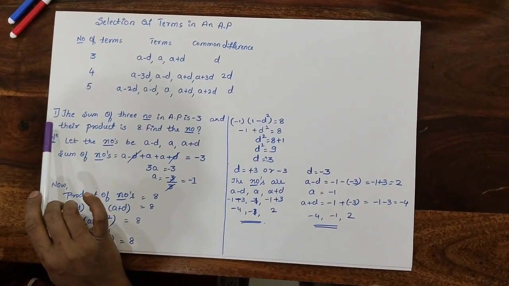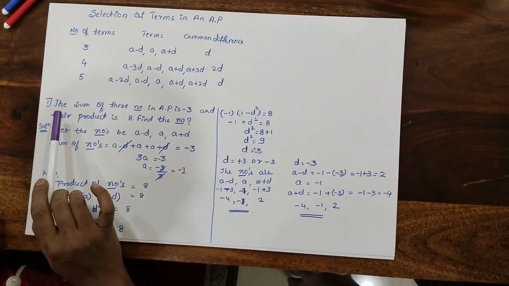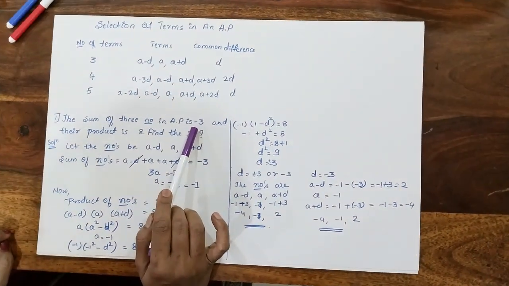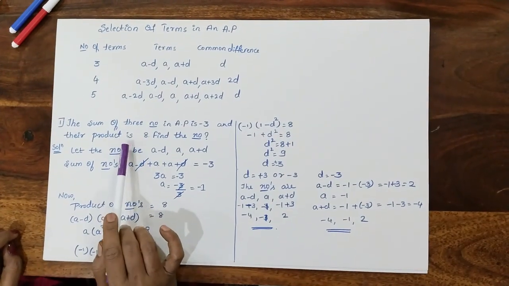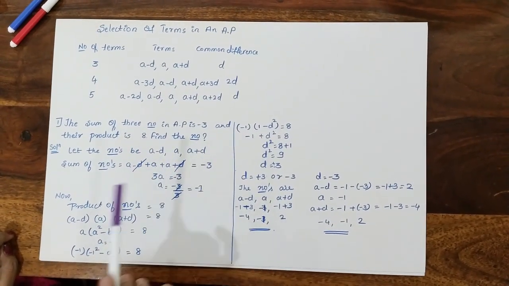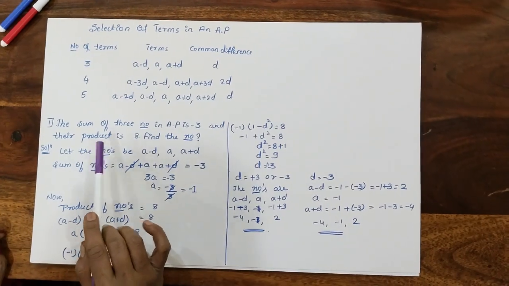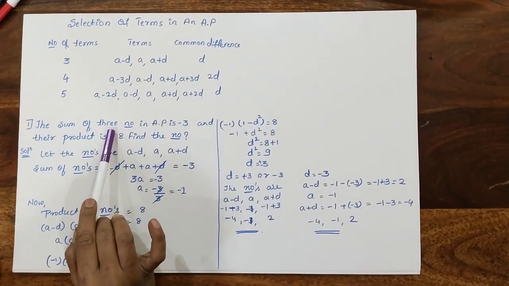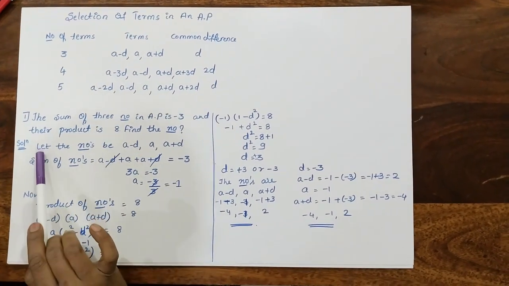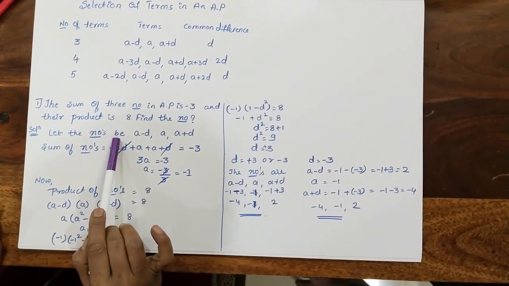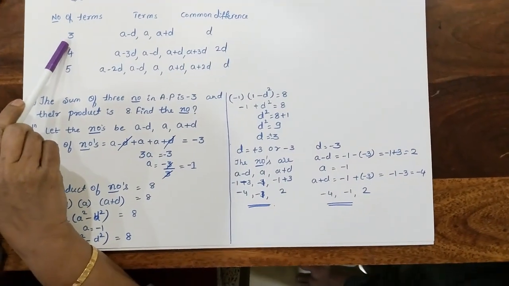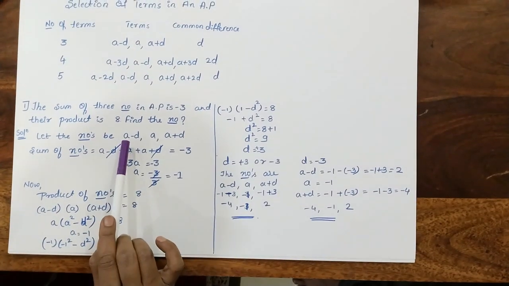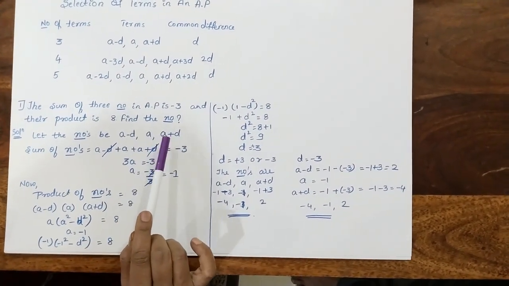The first question: the sum of three numbers in AP is minus 3 and their product is 8. Find the numbers. As the question asks for three numbers, let the numbers be a minus d, a, a plus d.